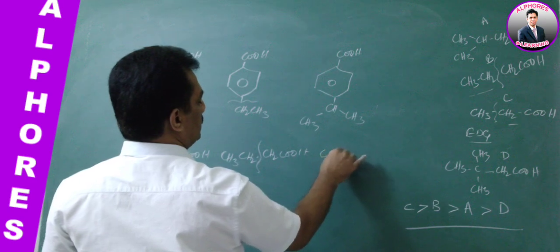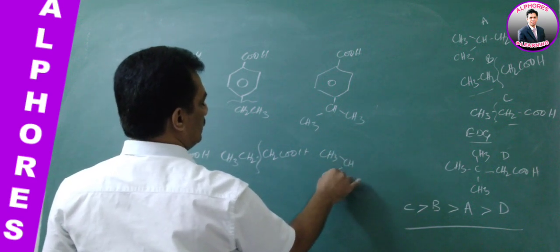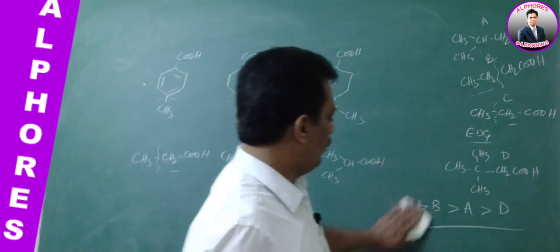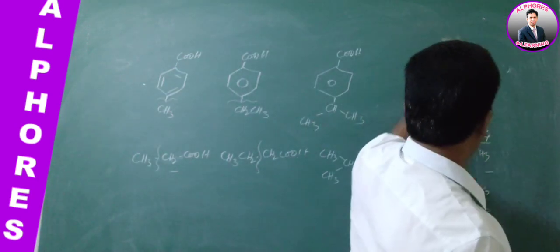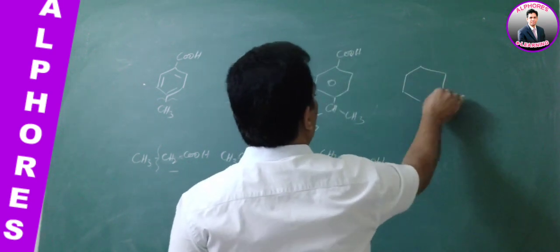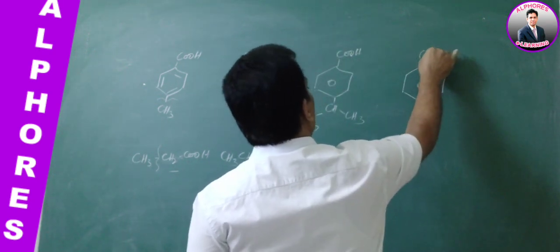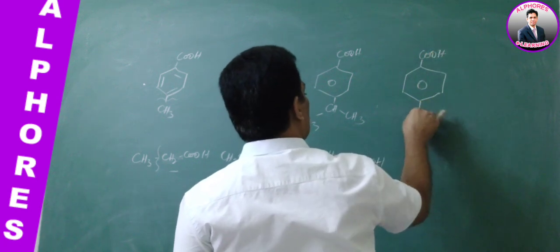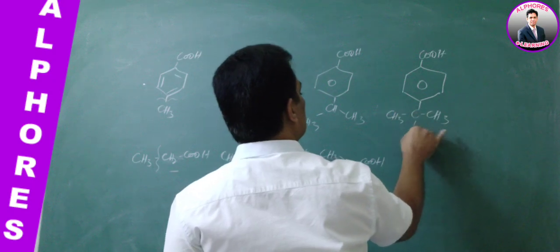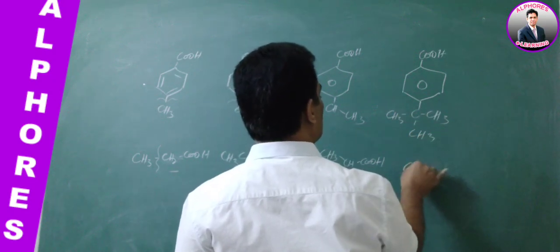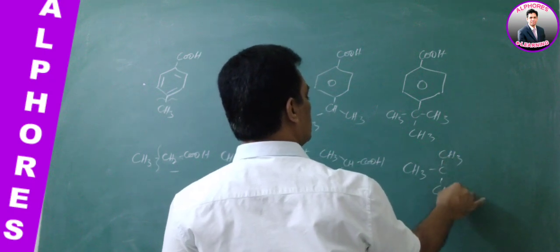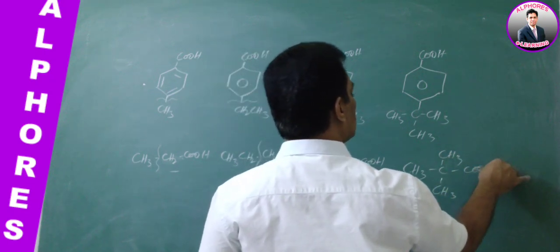Here it is (CH3)2CHCOOH, and then one more is a tertiary butyl group on the benzene ring, like this, and here also (CH3)3CCOOH.